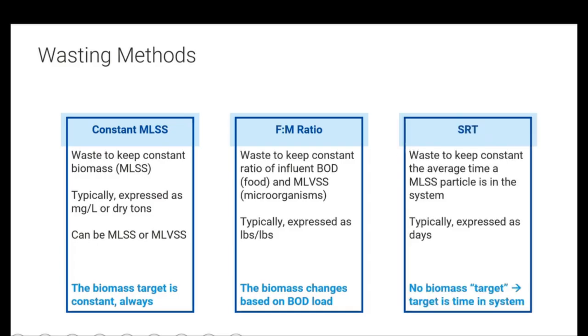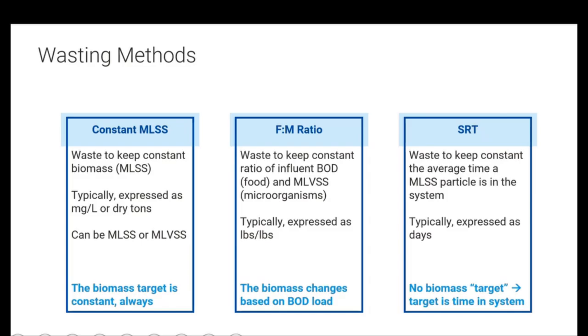The third way is our conventional SRT. We waste to keep a constant average time that a particle is in the system, typically expressed in days. We're not trying to target a biomass in the system, we're trying to target time in the system. And we know that within that time in the system, we will have a certain amount of yield and a certain amount of waste associated with it.